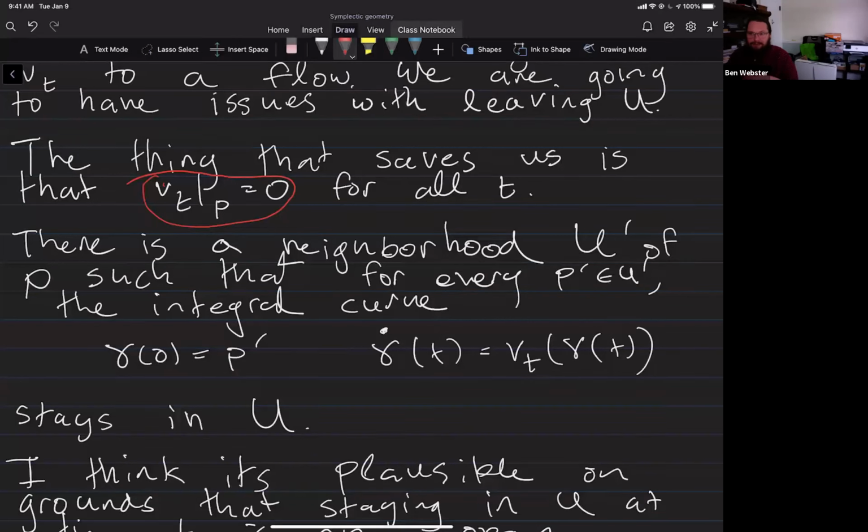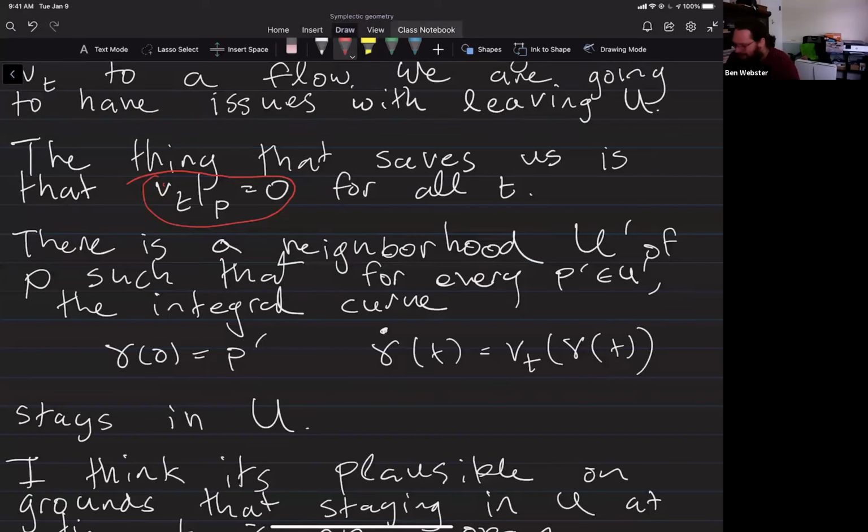And the thing I have to worry about is, oh, I hope they don't run off to infinity. That's the thing that causes you trouble in the non-compact case. Well, if I'm actually at P, just staying at P forever is an integral curve. And then if I start really close to P, okay, maybe I'll start getting away from P, but I won't get away from it too fast.